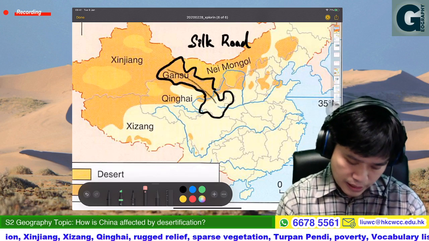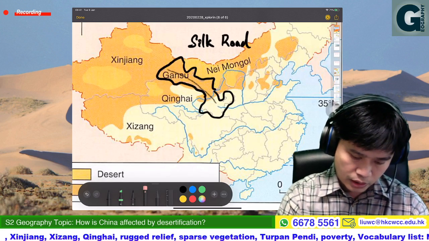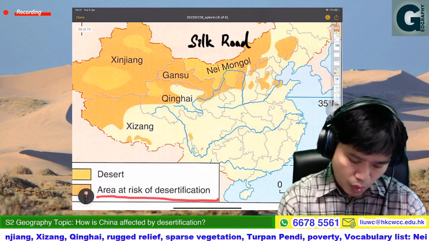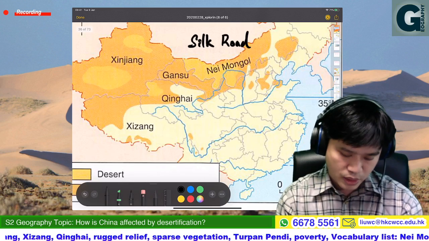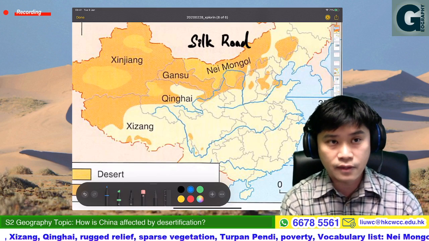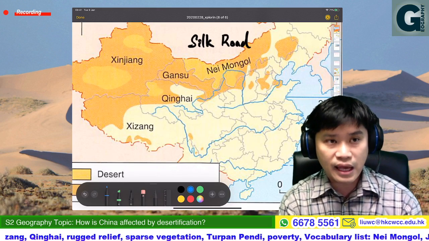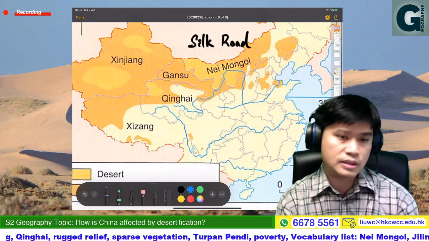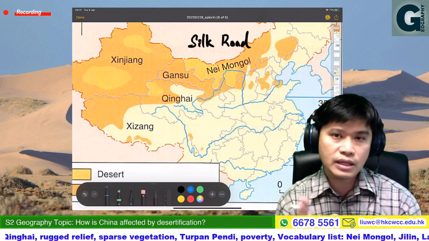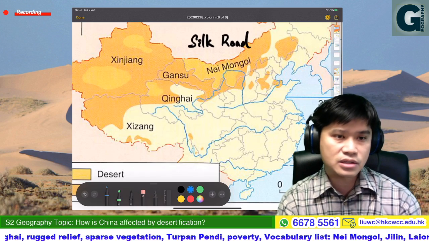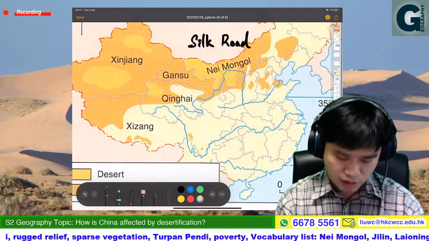What would be the landscape in this area? You can see that most of the area is semi-arid region, and they are close to the desert. So therefore, the climate there is very, very dry.